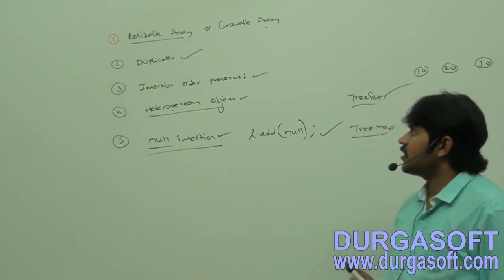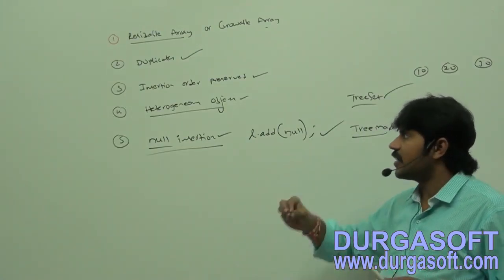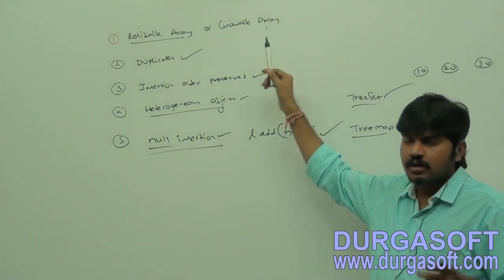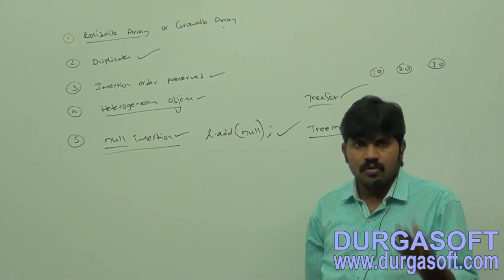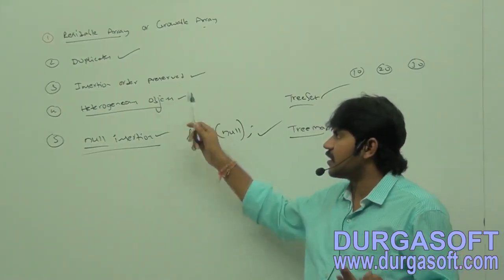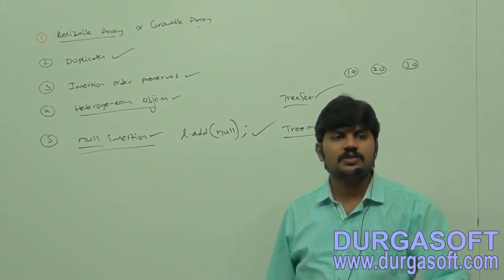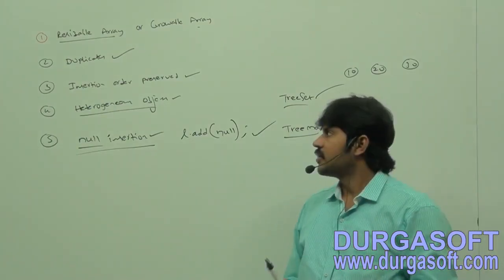Okay, can you just spell out the points: the underlying data structure for ArrayList is a resizable array or growable array. Duplicates are allowed. Insertion order must be preserved. Heterogeneous objects are allowed. Null insertion is possible, right? Must add these things.